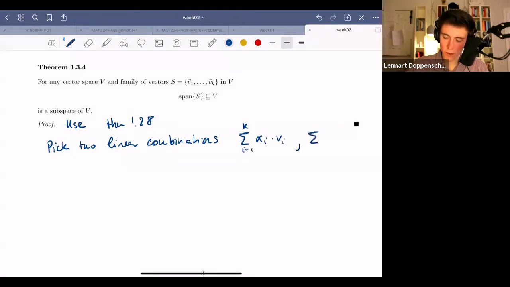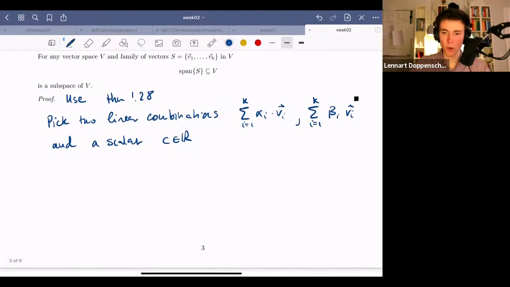We can also choose different coefficients, say beta i, but the vectors have to be the same for it to be in the same span of S. Here i also runs from 1 to k. And then we also choose a scalar, say c in R.